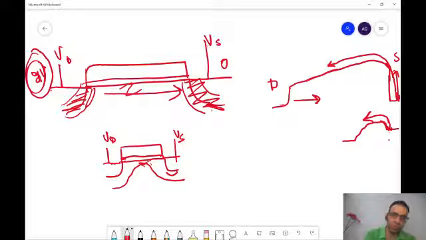Did I show a depletion region there? Sir, where is this depletion region coming from? Is it due to drain and source? Yeah, that is the PN junction. Okay, sir. Thank you, sir.